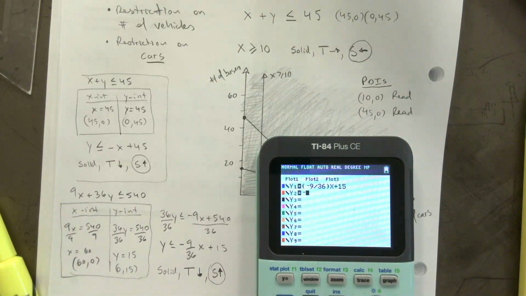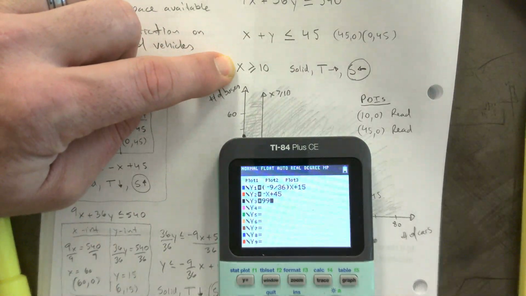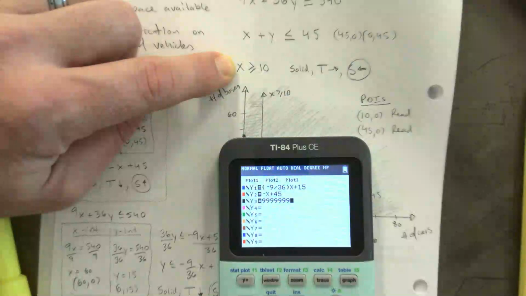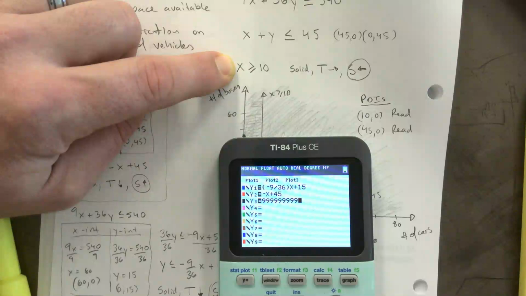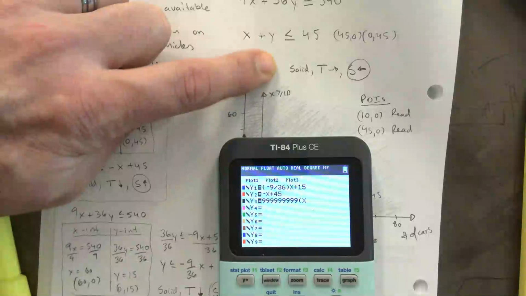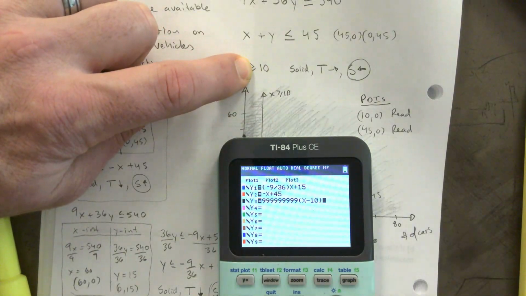And it's -x plus 45. And one more time, a vertical line. Do you remember the trick? You have to press 9 times, followed by bracket x. In this case, it's positive 10 here. We're going to have to go minus 10, like that.